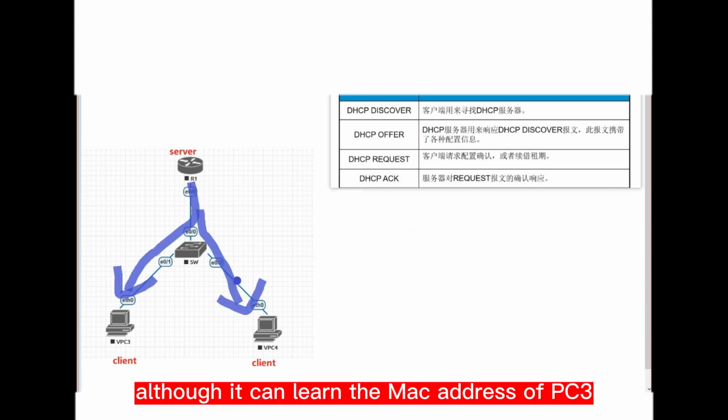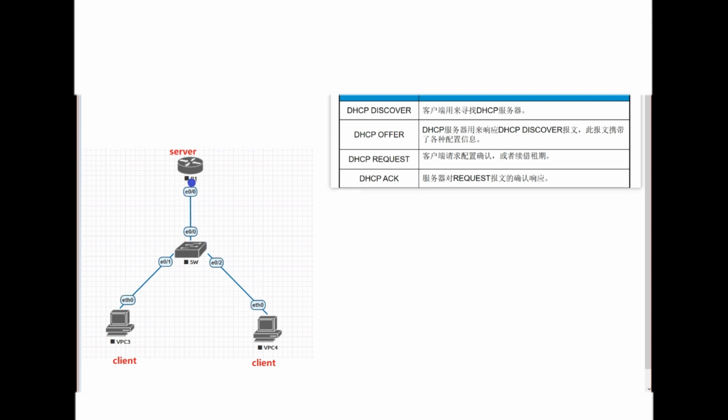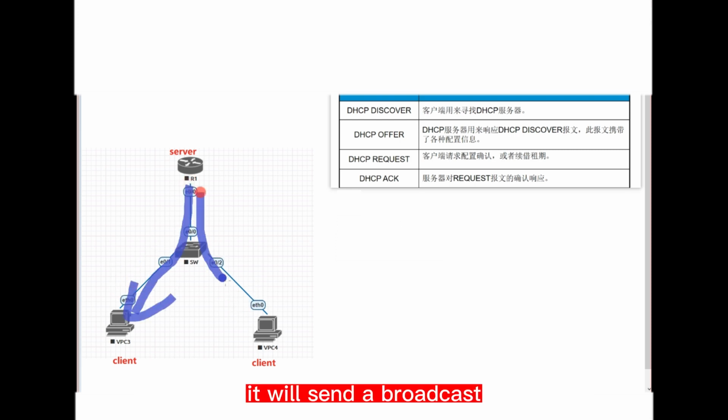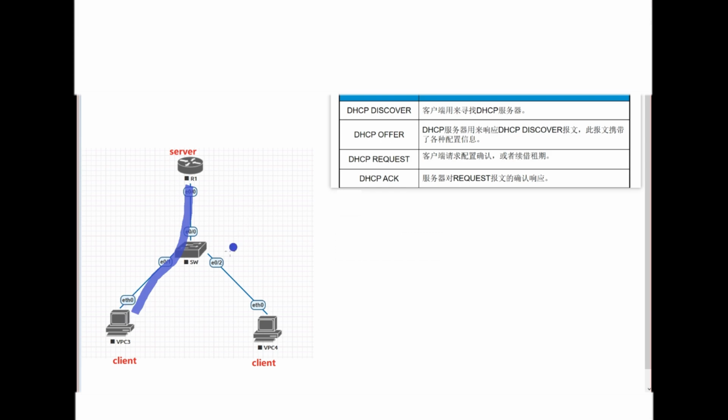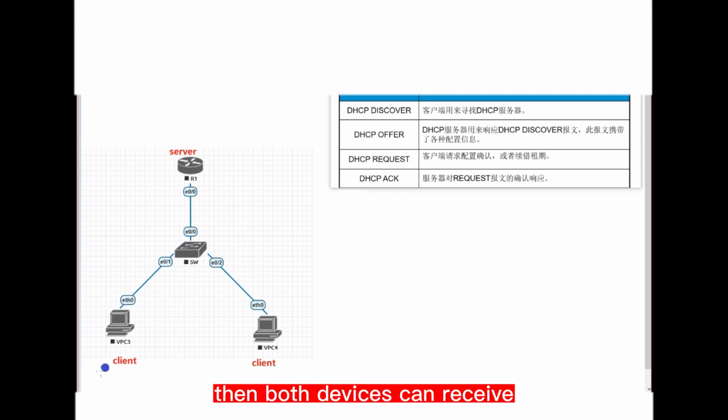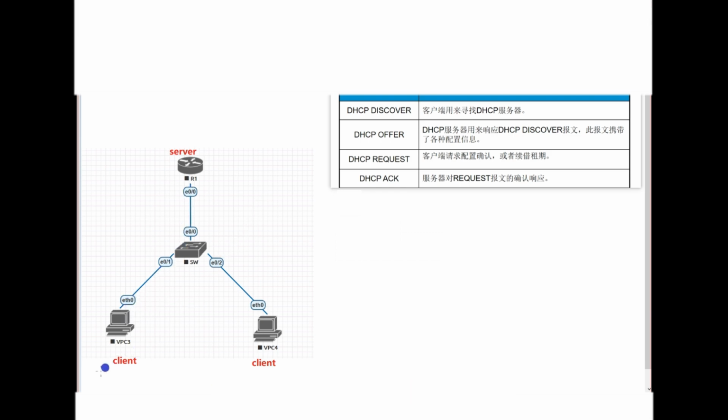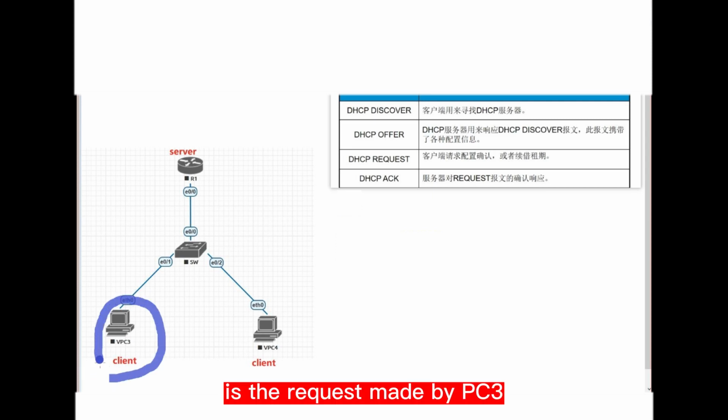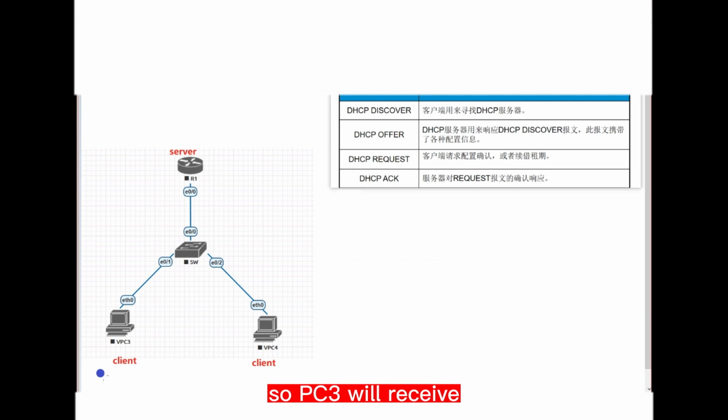Although it can learn the MAC address of PC3, it doesn't. It will send a broadcast. Then both devices can receive. Certainly, because for the device it is the request made by PC3, so PC3 will receive. PC4 is not requesting now.